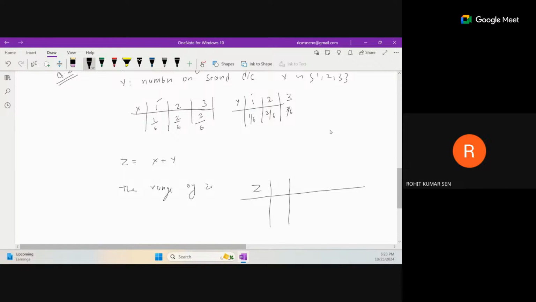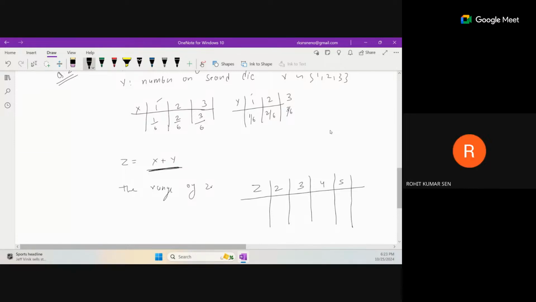What are the possible unique values you can get for x plus y? It is 1 plus 1, 2. It is 1 plus 2, 3. It is 1 plus 3, 4. It is 2 plus 1, 3 already written. 2 plus 3, 5.